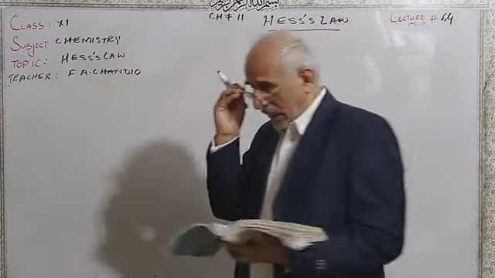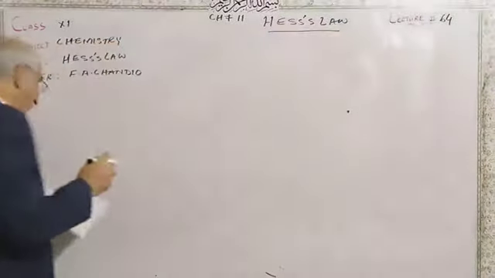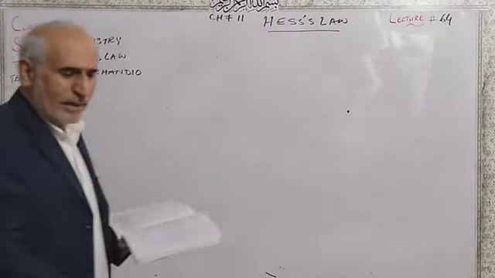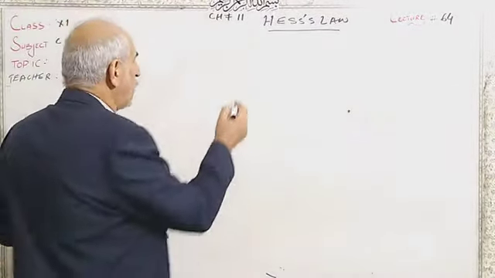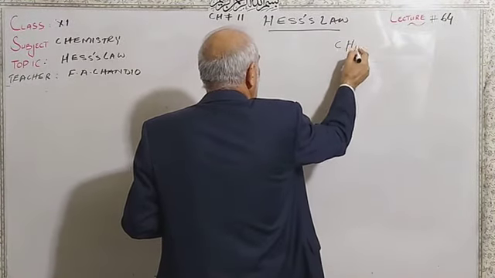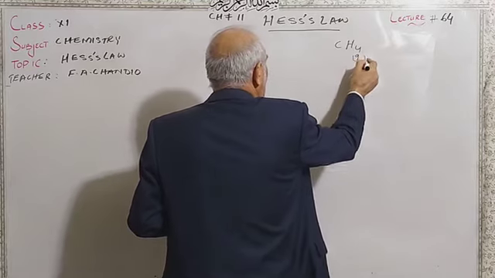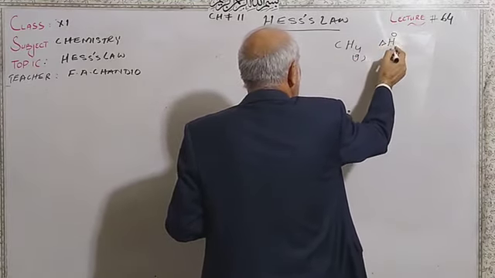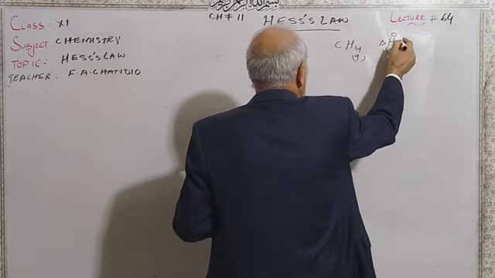Just like: calculate the heat of formation of methane. This is the question. Heat of formation of methane gas, the change in enthalpy at standard states, for the formation of methane.